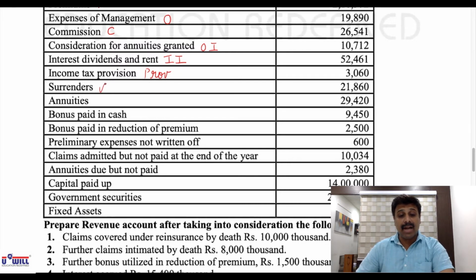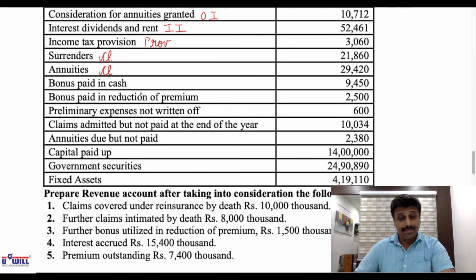Surrenders will come as a part of claims, benefits paid, so mark as CL. Annuities also will come as a part of benefits paid, that is CL. So annuity and consideration for annuities granted, we already discussed in the first lecture, that annuities are an expense for the insurance company, they will come in claims. Consideration for annuity granted is an income, and that will come in other incomes.